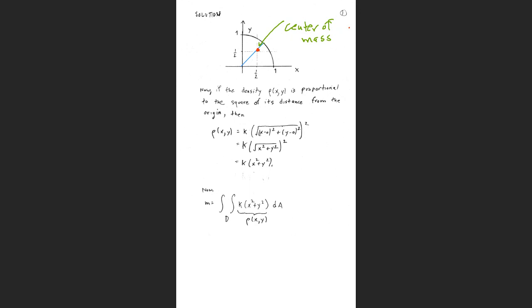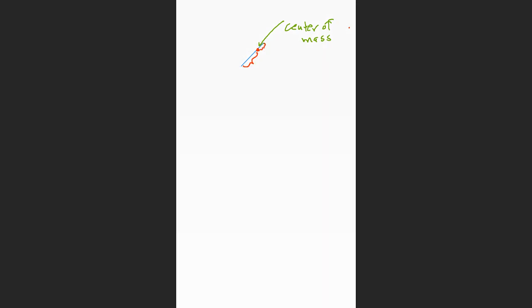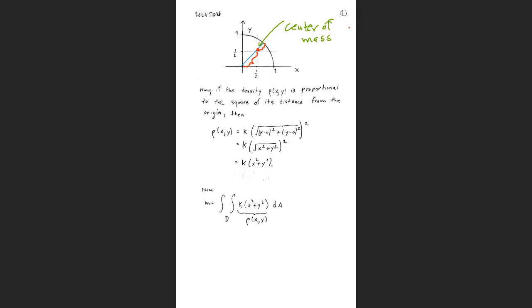If you think about the distance the center of mass is from the origin and compare it to the distance it is from the boundary of the lamina, it's closer to the boundary of the lamina.